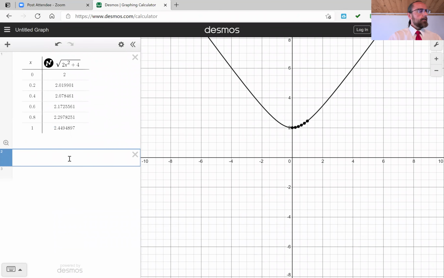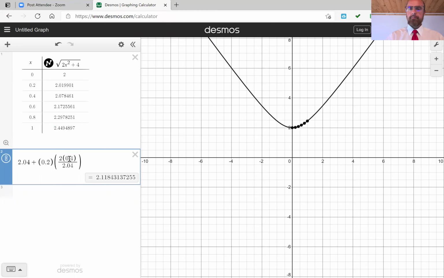We had calculated y sub 2 there. Let's calculate y sub 3. That's going to be y sub 2, 2.04, plus the step value of 0.2 times the differential equation. So it's 2 times my x value now, 0.4, over my previous y value, 2.04.